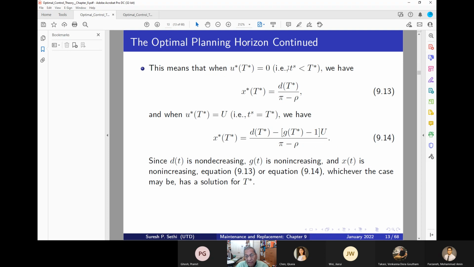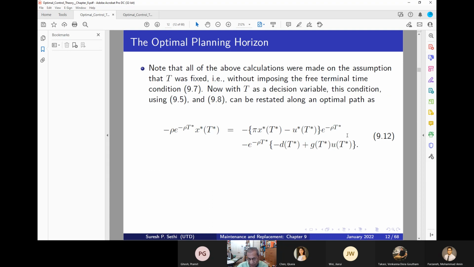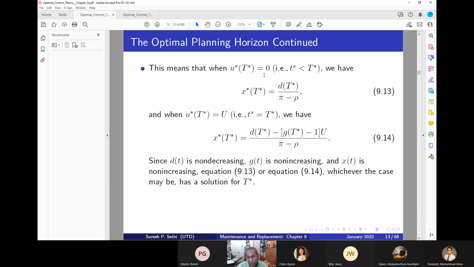And that means that either Ts is 0 or Ts is somewhere below T star, so that control will either always be 0 or control will be U and then 0. But in either case, when U star T star equals 0, we must have this equation. That means whenever U star T star equals 0, our salvage value should have this formula.